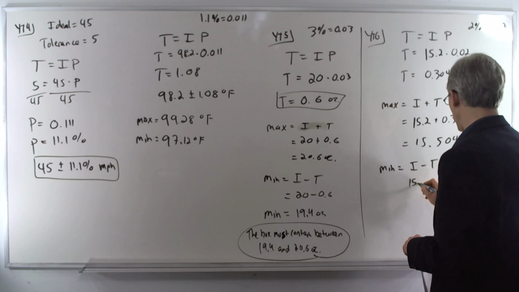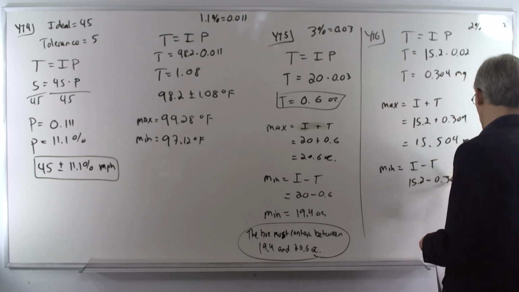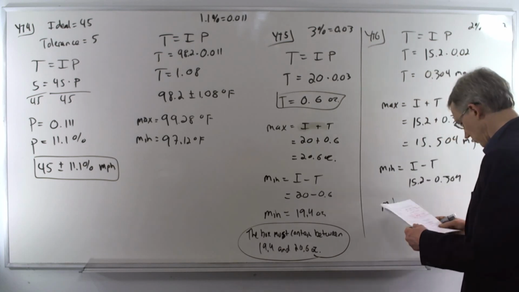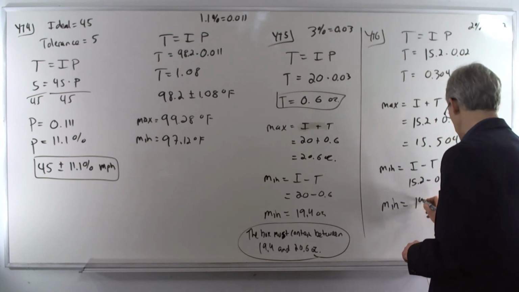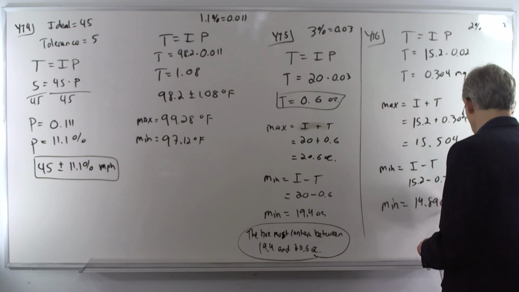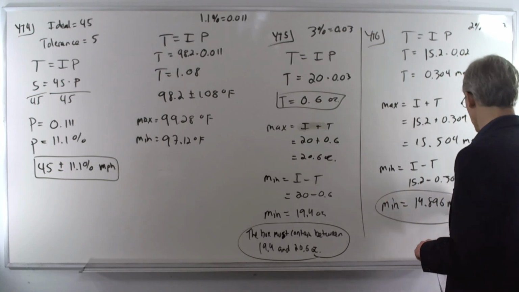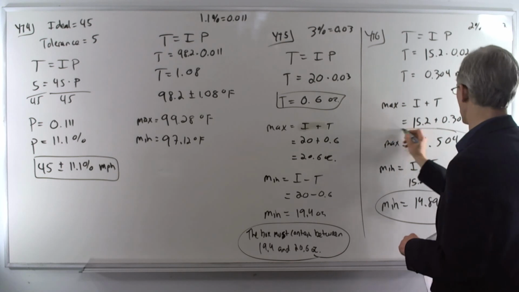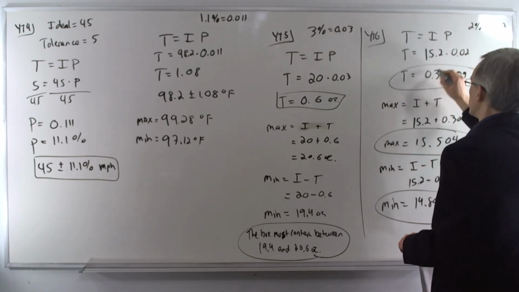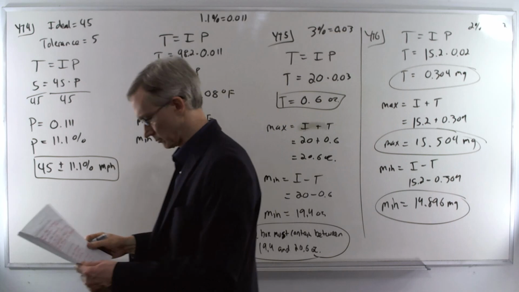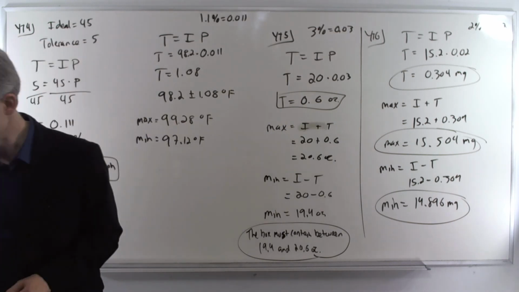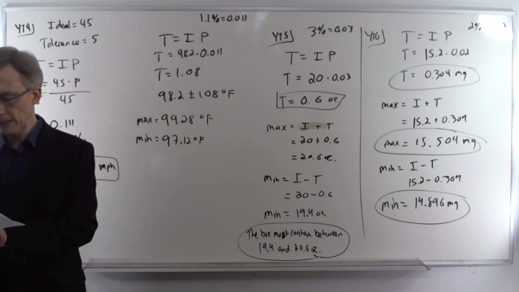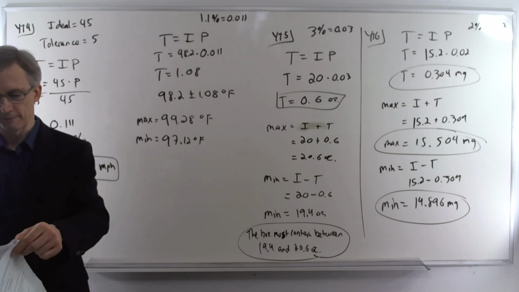That is 15.2 minus 0.304, and we get the minimum value of 14.896 milligrams. There's a minimum, maximum, and the tolerance. So the range of safe dosages is between 14.896 milligrams and 15.504 milligrams.